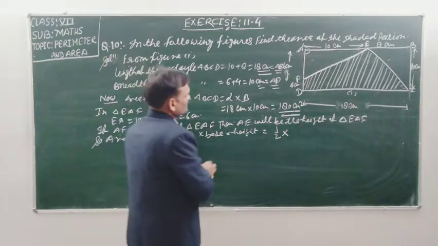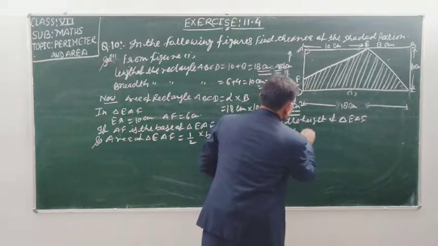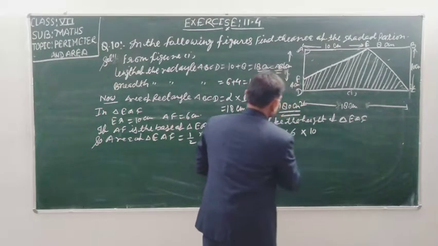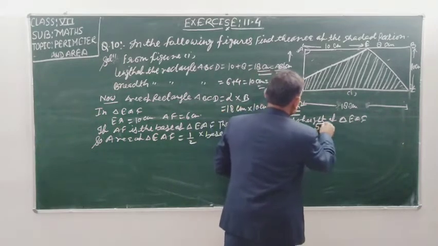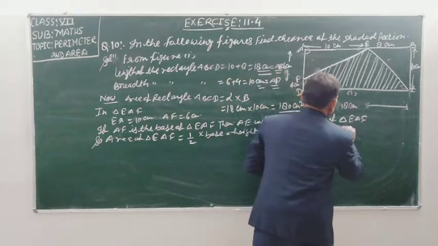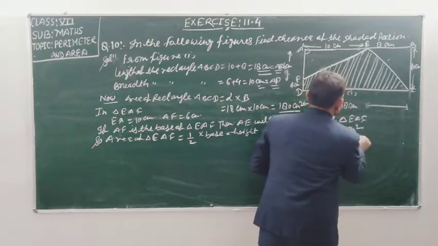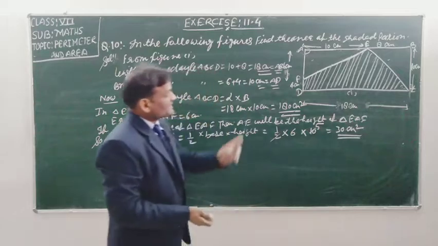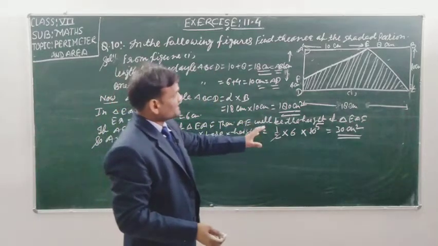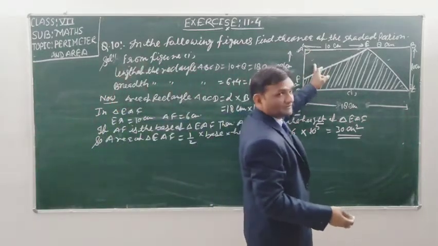So 1/2 into 6 into height 10. 2 fives are 10, 6 fives are 30 centimeter square. 30 centimeter square is the area of triangle EAF.